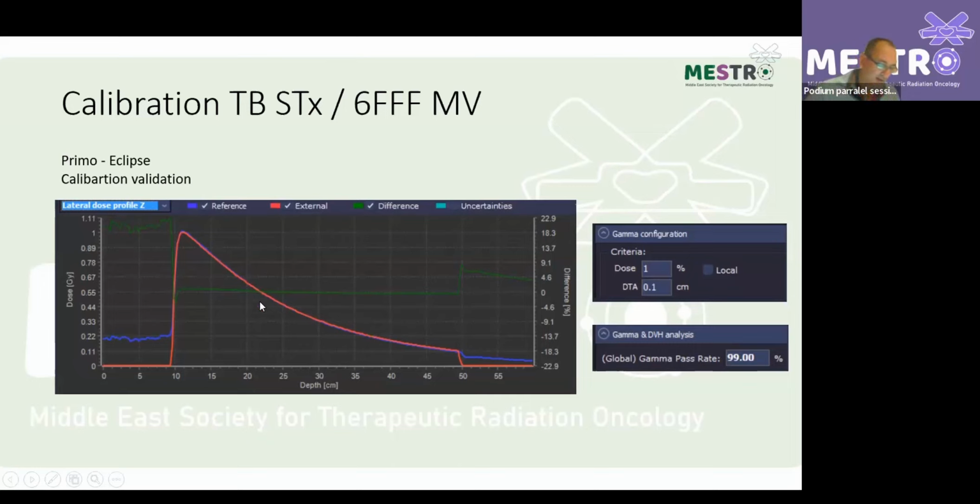The green curve represents the local dose difference in percentage, which is practically equal to 0. This agreement is very good, with a gamma index equal to 99% for criteria of 1% and 1 millimeter.